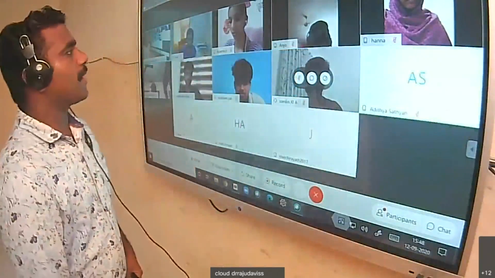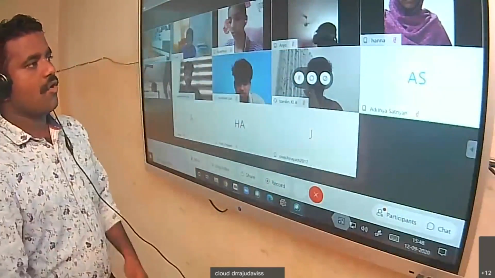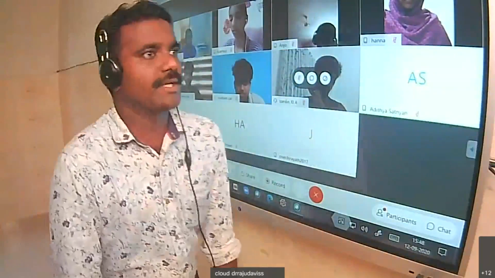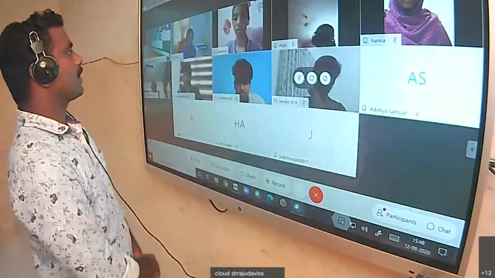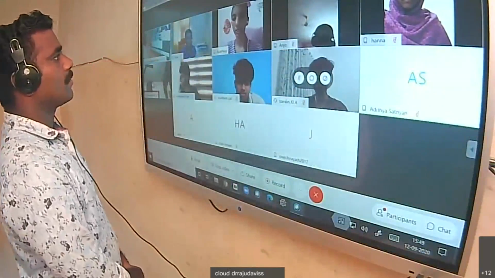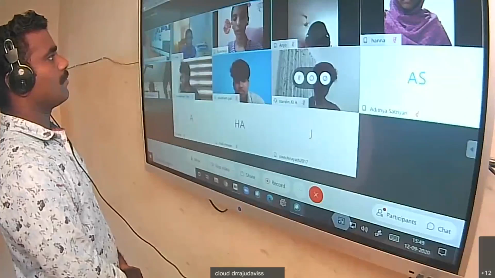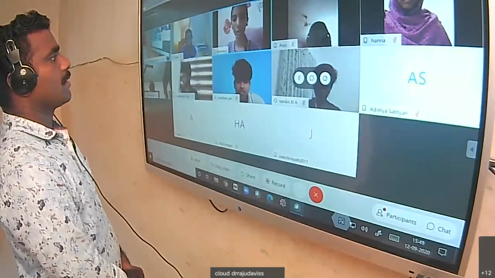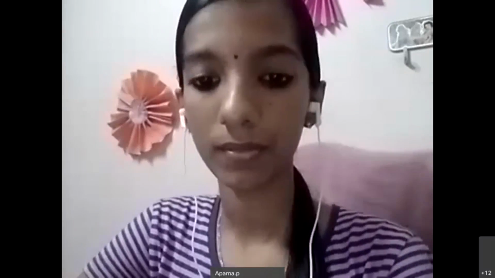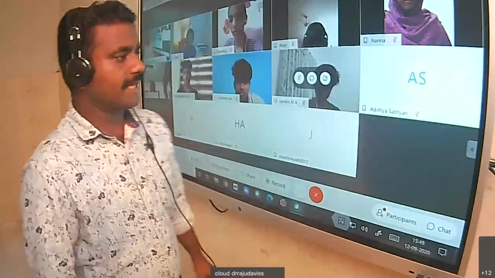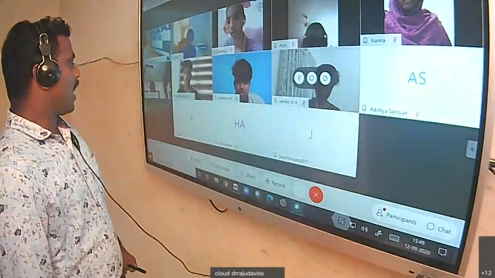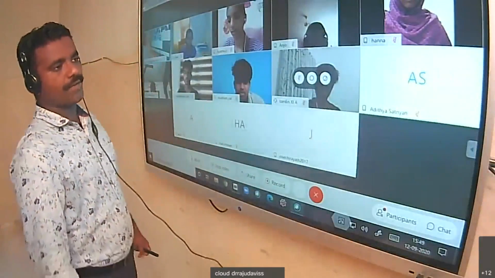So what do you mean by ledger, Aparna? A collection or set of accounts, and it is a book where the transactions of similar nature are grouped together in one account in the form of an account. Yes, so it is a book where transactions of similar nature are recorded. That is ledger.